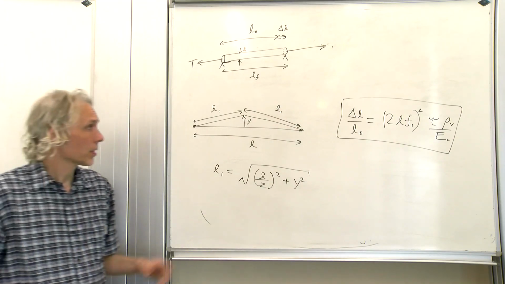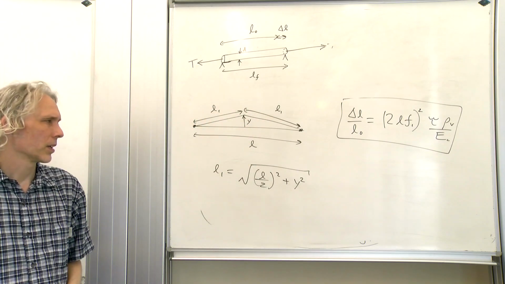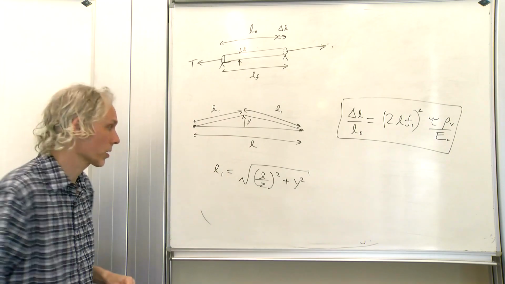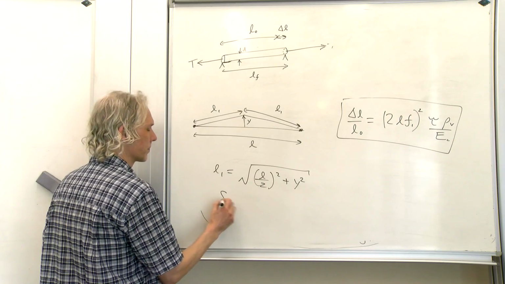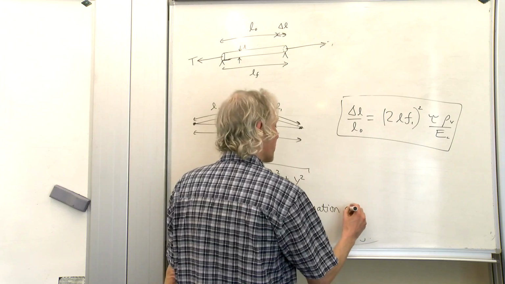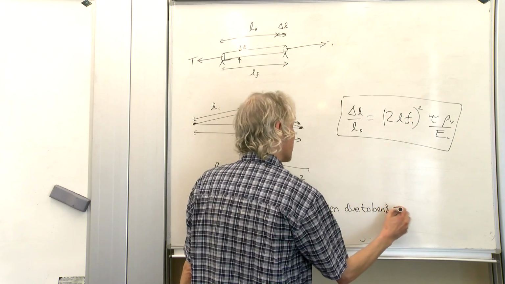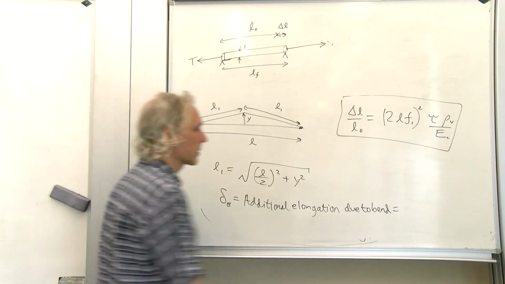So we can add those two L1s together and subtract L, the original sounding length of the string, and we can work out the extension due to the bending. So we'll call this delta B, additional elongation due to bending.